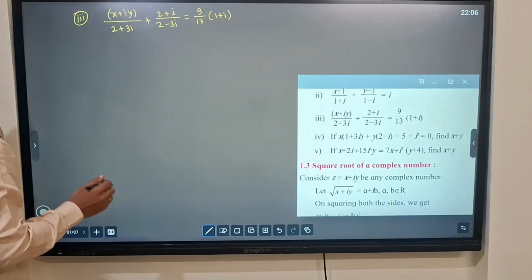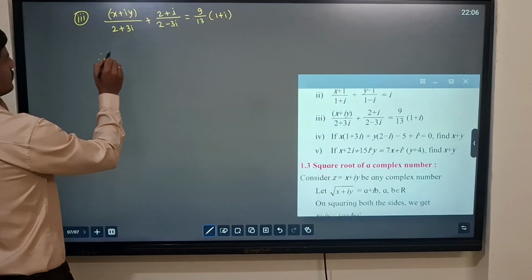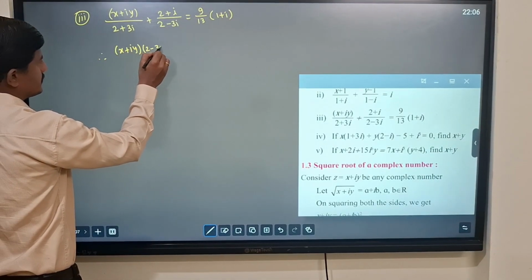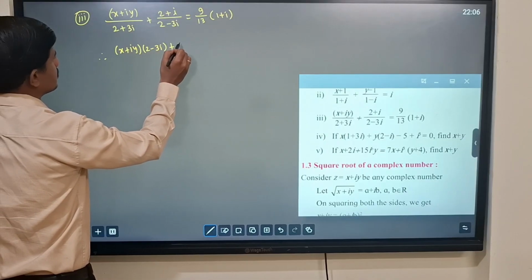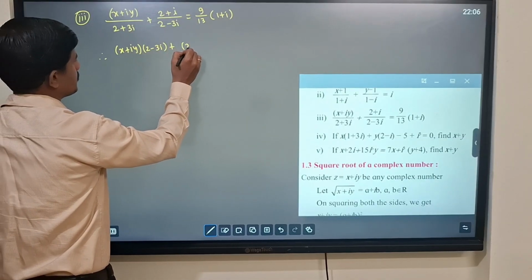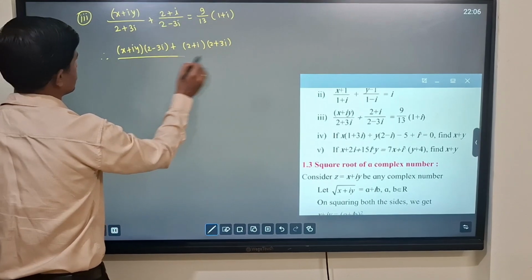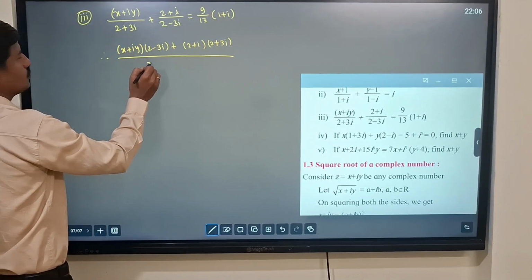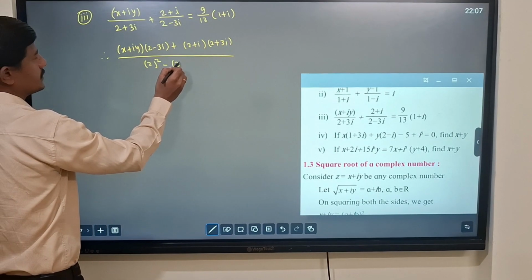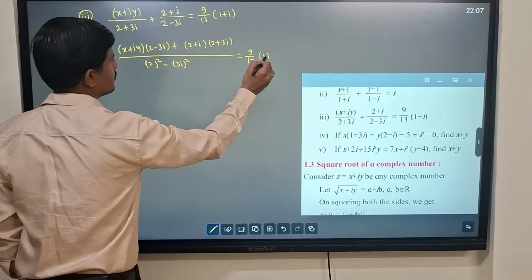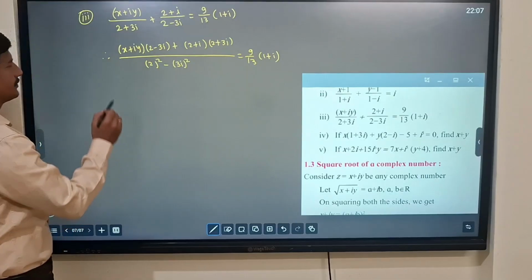Okay, now cross multiply this term, therefore x plus iy into 2 minus 3i plus 2 plus i into 2 plus 3i divided by 2 square minus of 3i square equal to 9 by 13 into 1 plus i.